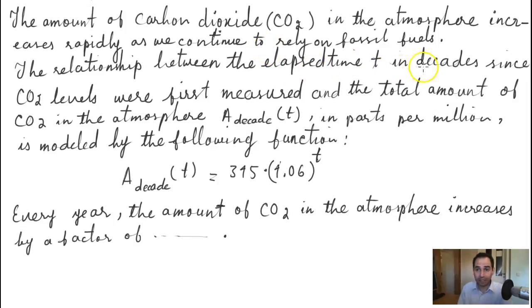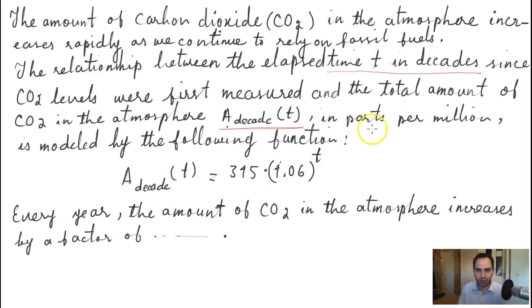The relationship between the elapsed time t in decades, so t is in decades, since CO2 levels were first measured and the total amount of CO2 in the atmosphere, A of decade of t, so this is the total amount of CO2 in the atmosphere, in parts per million.